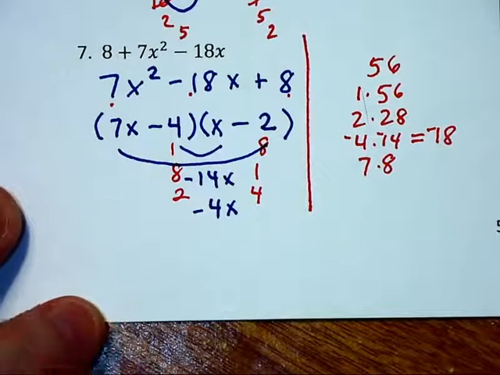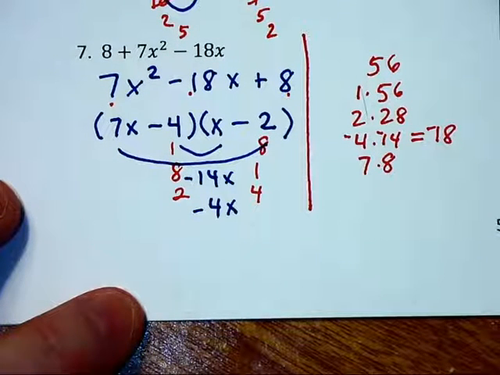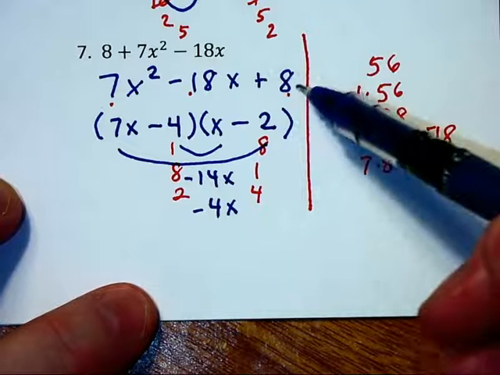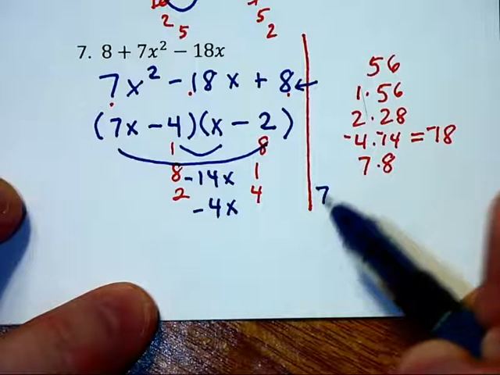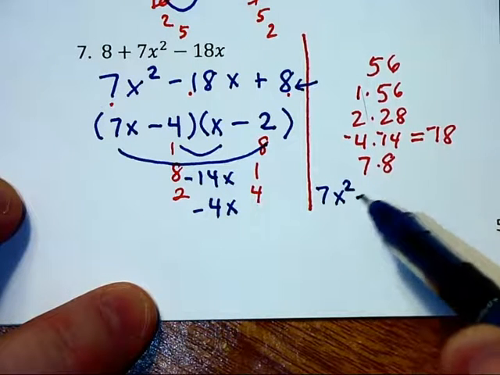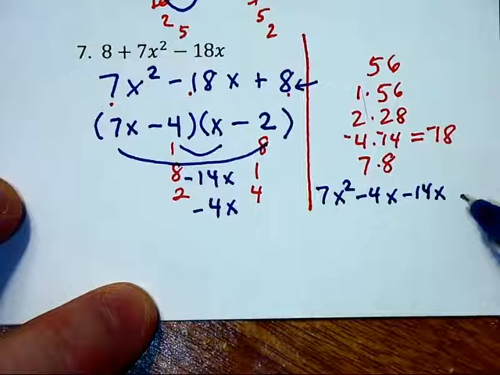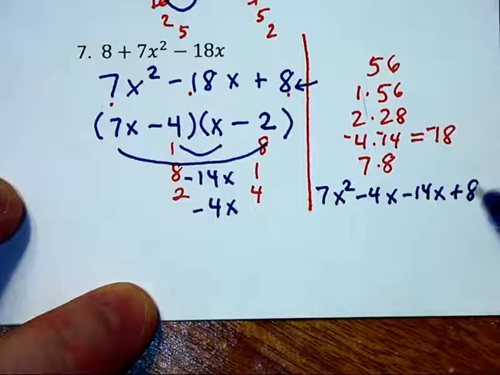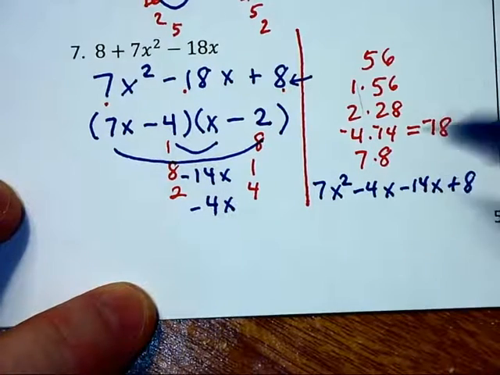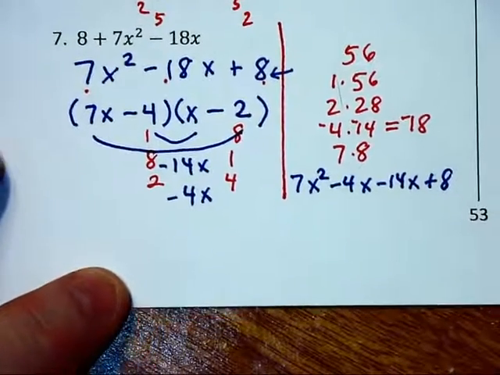Then you rewrite the entire problem from the beginning. So you're right back up here at this line. You say 7x squared, and then you go minus 4x minus 14x plus the 8, and use the minus 4 and the minus 14 that we had from our little list there.